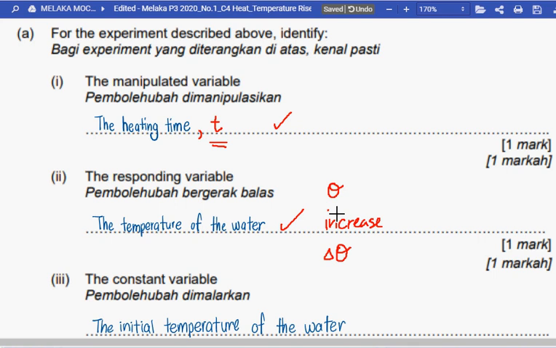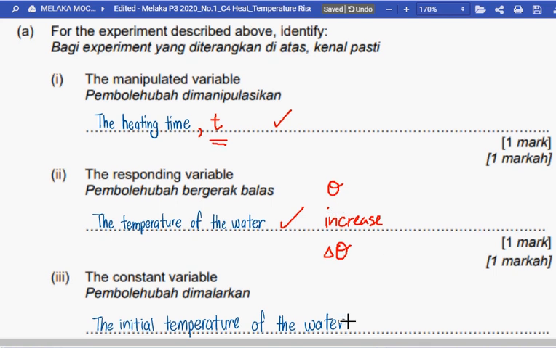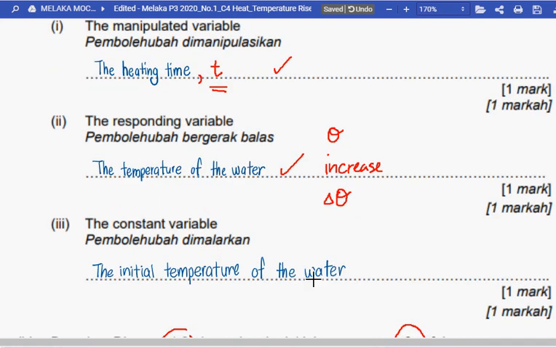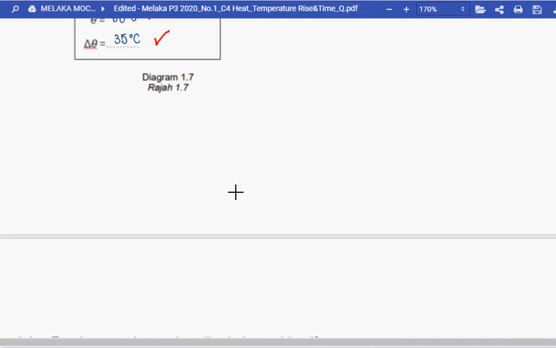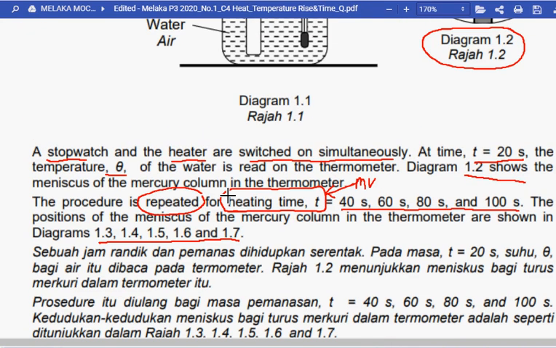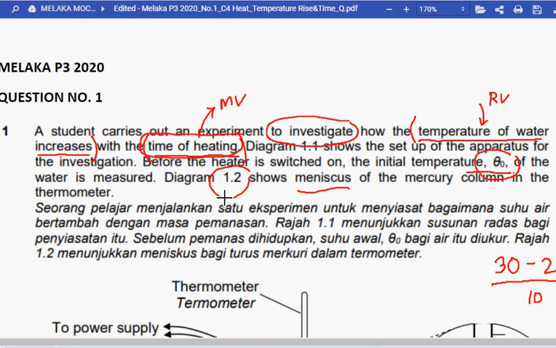Now, what is the constant variable? Can the initial temperature of water be given as the constant variable? Can or not? So actually here, you look at the question, do they have any variable that is fixed? Do they mention any variable that is fixed?